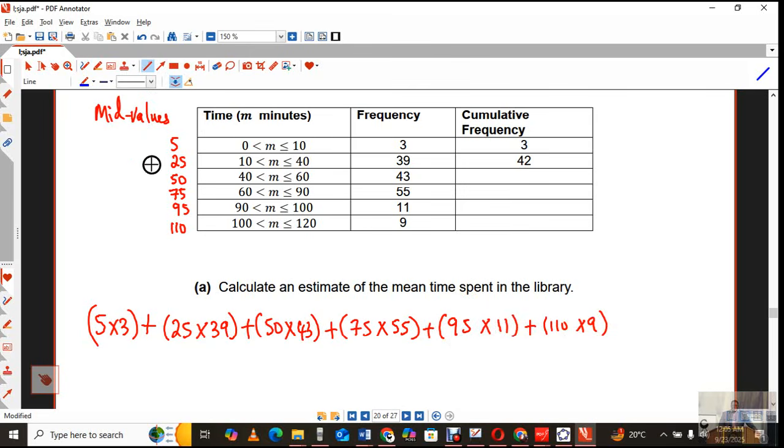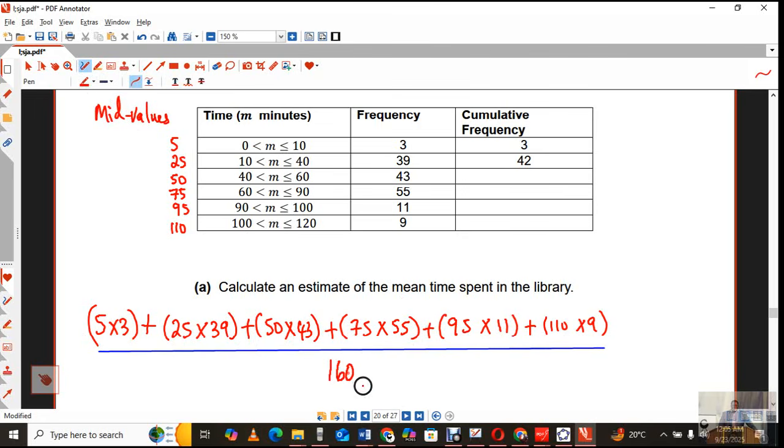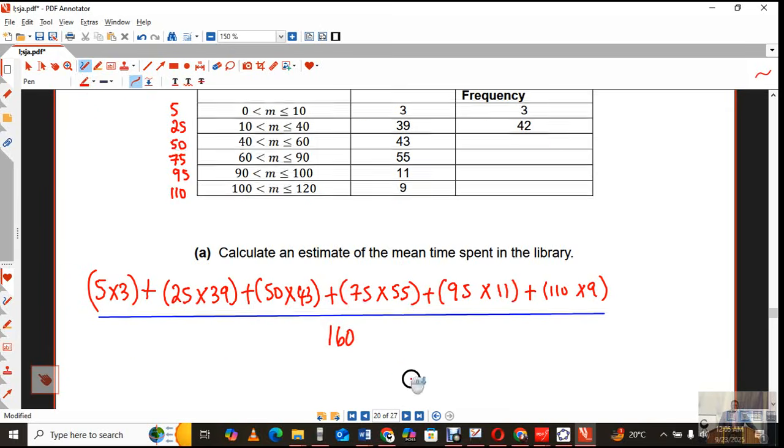All of this I'm going to put over the number of people, which is 160. That is going to be the estimate of the mean.